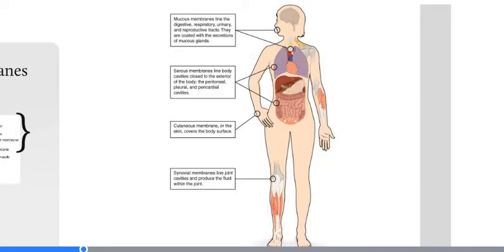There's the serous membranes, which line the lungs, the heart, and the lower digestive organs in the abdominal cavity, and line the cavities that those organs are found in. And then there's cutaneous membrane, which is really just the skin. There's only one cutaneous membrane. And then finally there are synovial membranes, which are the joint capsules, basically, and the lining therein that makes a fluid which helps to lubricate the joints.